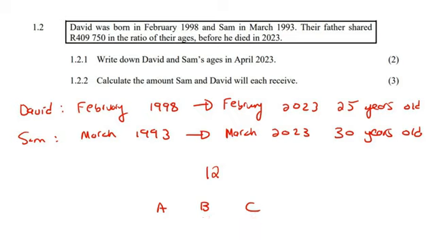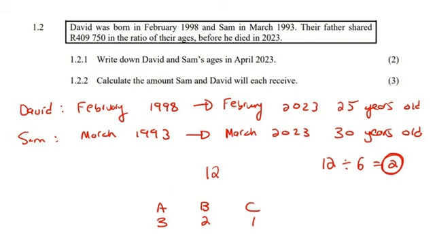Actually, let's simplify that: 3 to 2 to 1. How do we say how much each person gets? Well, you take this number and divide by all of these numbers added together. So 3 plus 2 plus 1 is 6, and 12 divided by 6 gives you 2.